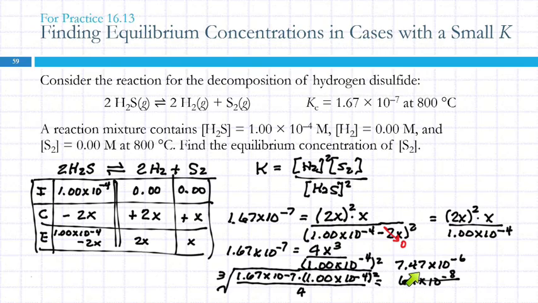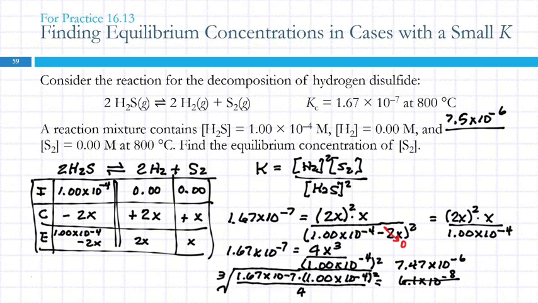So this is the answer we get. We have to check this. So the way we check that, we've kind of run out of room, is we're going to take that, I'm just going to call it 7.5 times 10 to the minus 6.